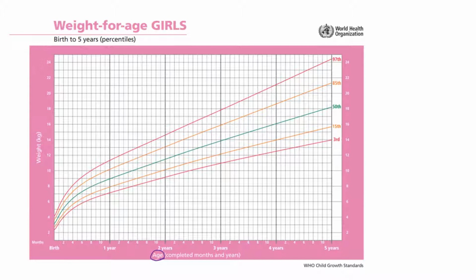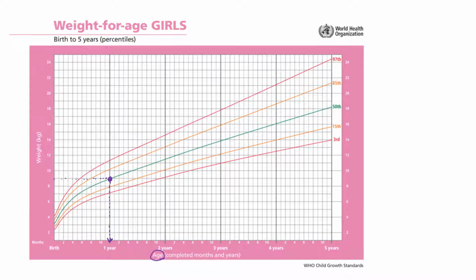So the age controls the weight. I'm going to show you how this percentile business works by looking at a couple of examples. So take a look at this point here. It's on the green curve. It represents a girl that is 1 year old and has a weight of 9 kilograms.